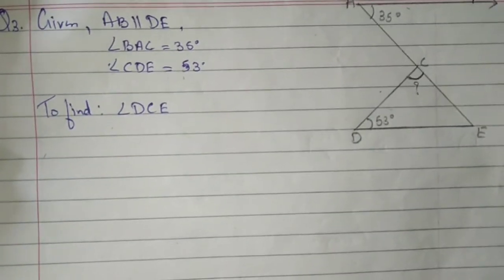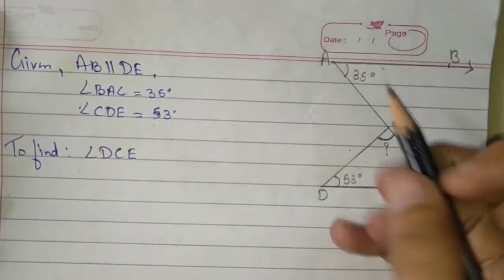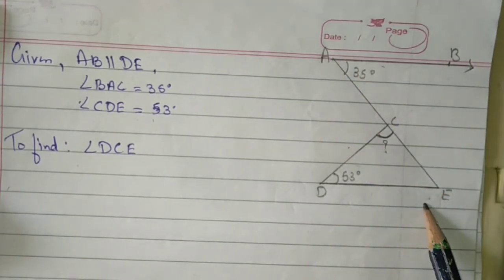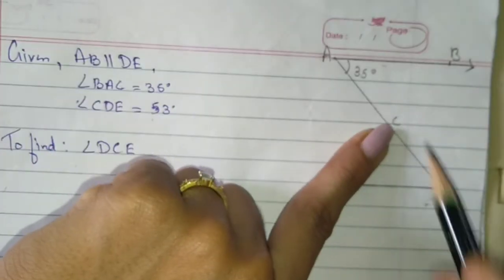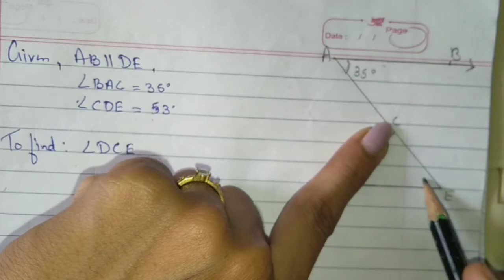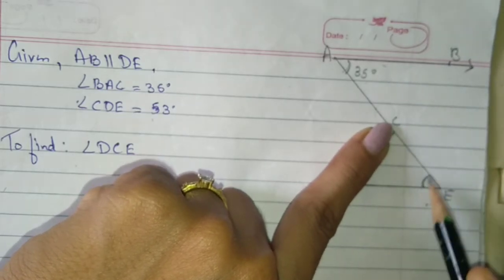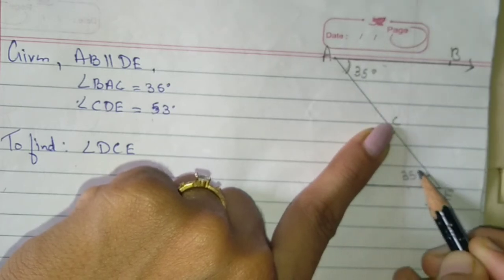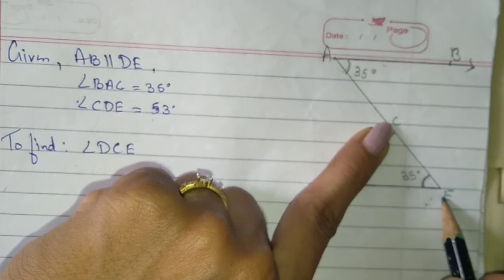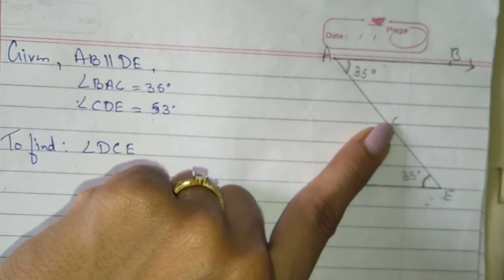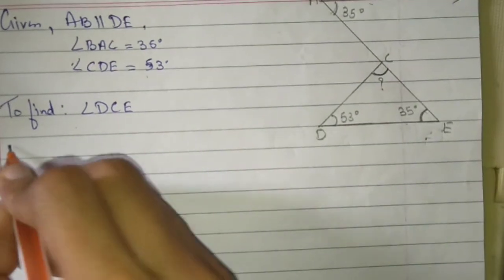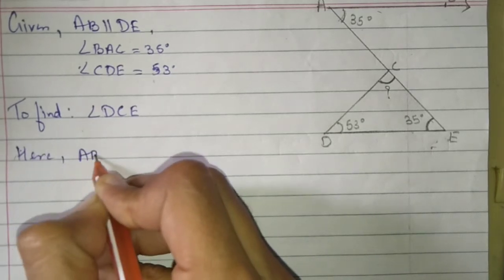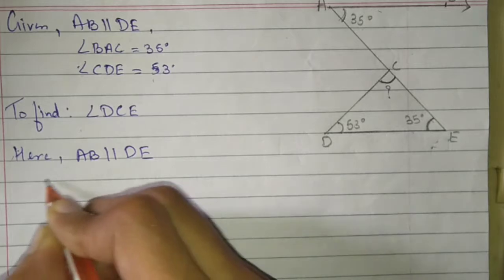Now here this AB is parallel to DE, so AE is a transversal line. So we can say that angle A and angle E are the same. Why? Because of alternate interior angles. If A is 35, then E is also 35. I am writing here: AB is parallel to DE.